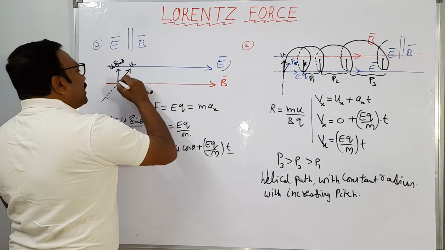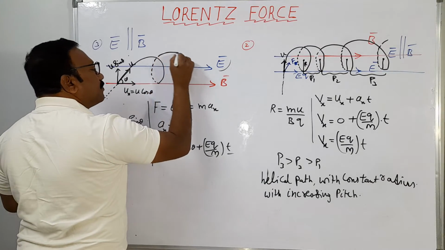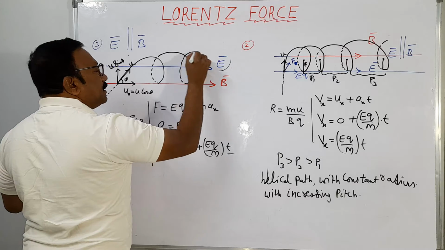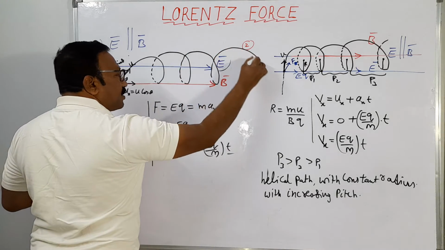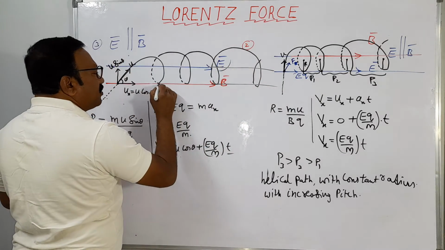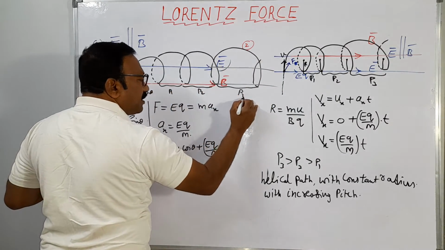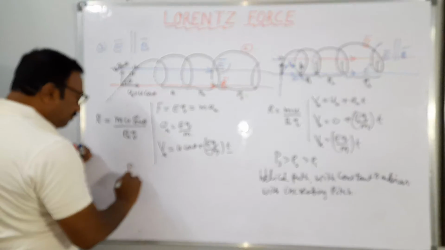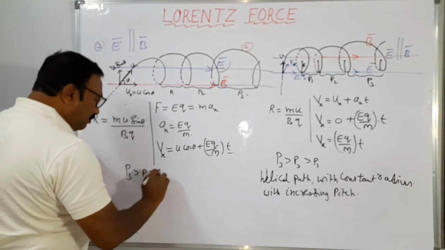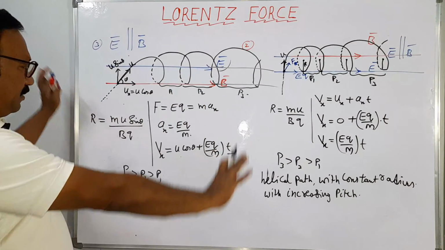So the particle moves like this with increasing pitch. Let us say these magnetic and electric fields are there. So this will be P1, this will be P2, this will be P3, right? So again P3 will be greater than P2, which will be greater than P1. So what is the question again here?